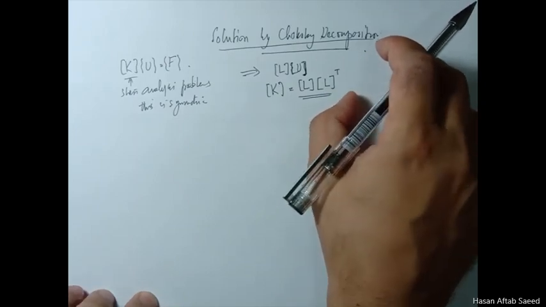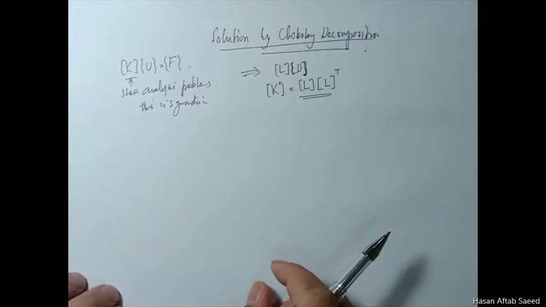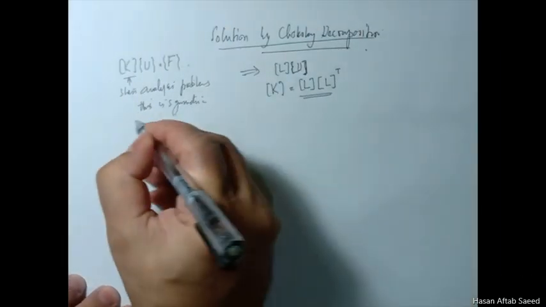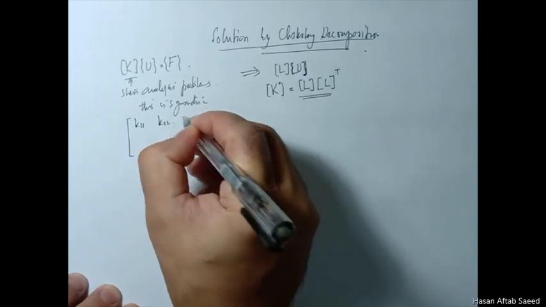So in view of the fact that the stress analysis problems and some other problems also, you encounter K which is symmetric, it makes all the sense in the world to employ Cholesky decomposition method. So what we do here is whatever the values of K, for example, let's put some variables here.